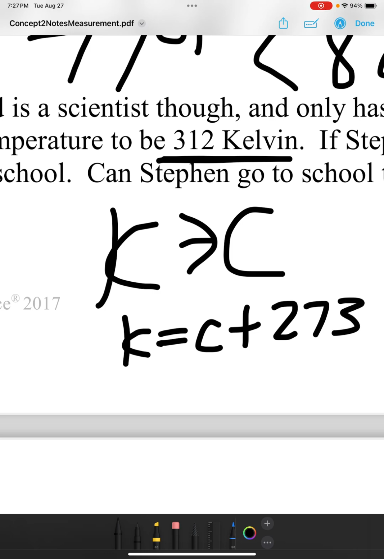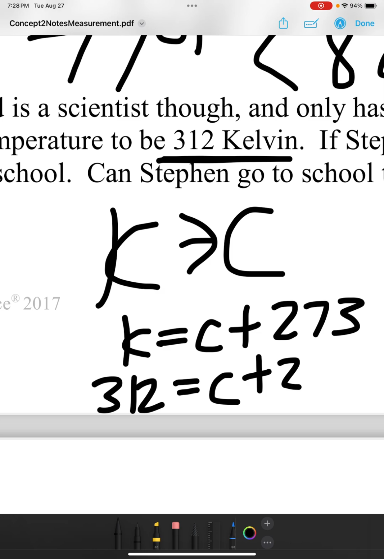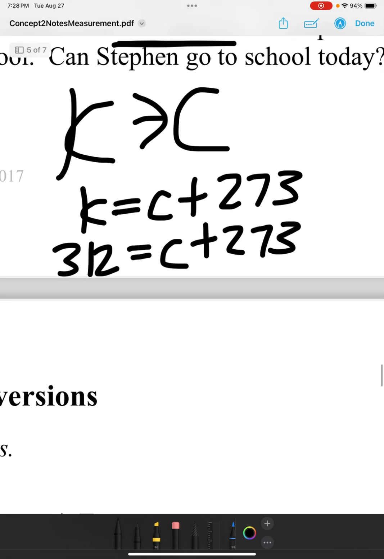They want it to be 312 degrees Kelvin, so where the K is for Kelvin, I'm going to replace that with 312. I'm going to keep the equals C plus 273 the way it is. Now I need to figure out what it is for C. So I need to solve for C.